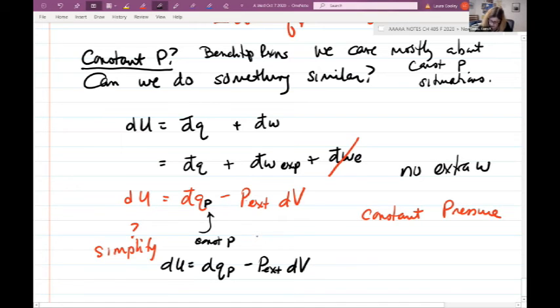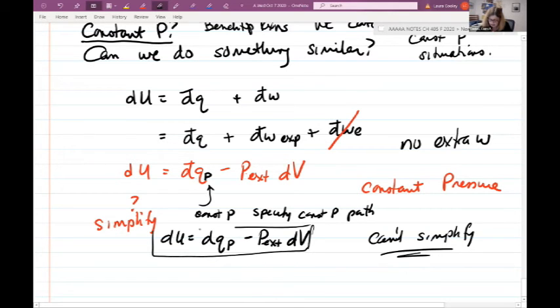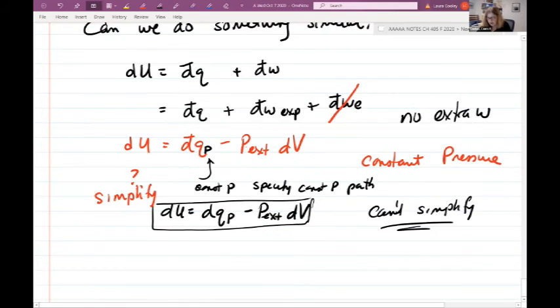Right, I specified constant pressure path. But I can't simplify this anymore. So I'm kind of stuck with this nasty looking thing at constant pressure.